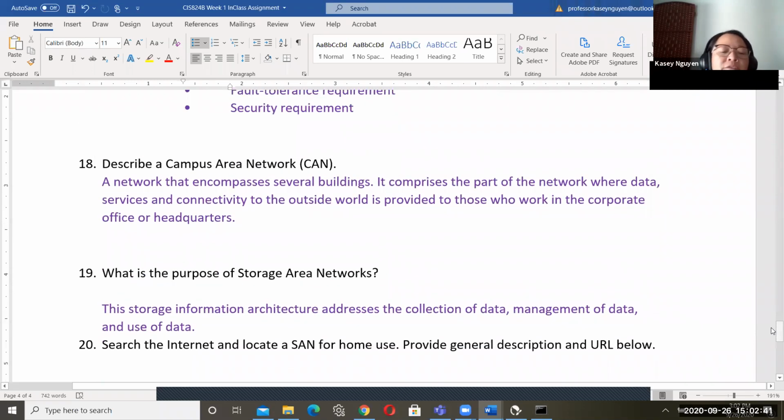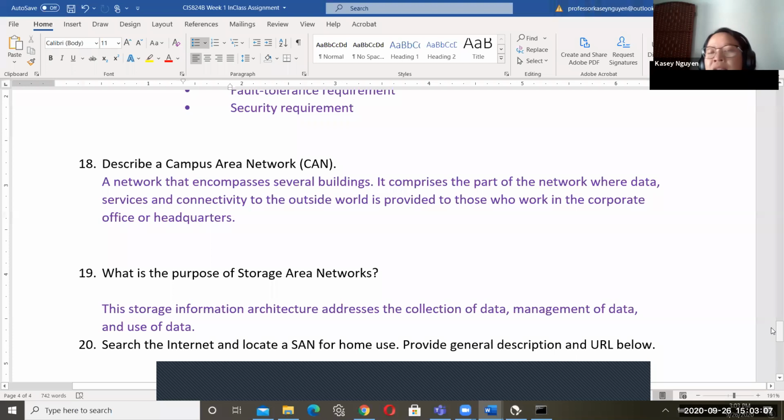And then for 19, the storage area networks is where it would have a collection of your data, and this is the system that we would use to manage data. We can use a file server and a lot of drives, right, to establish a storage area network where people can put their data on there and access it from anywhere in the network.